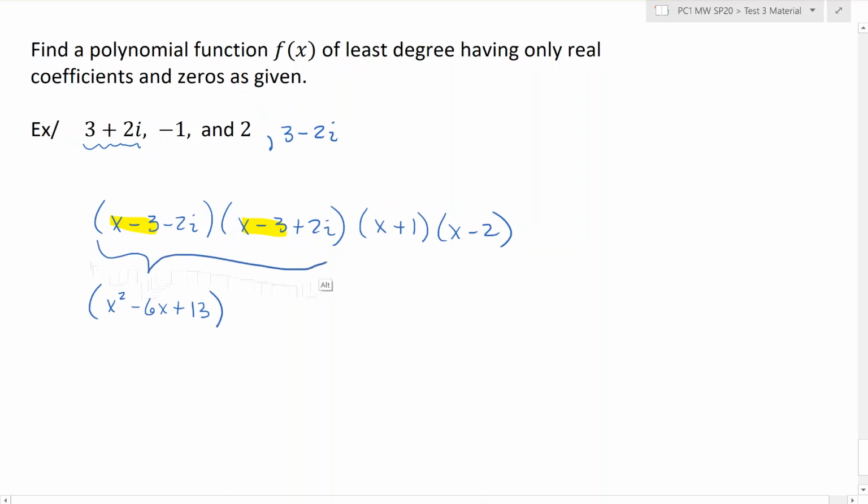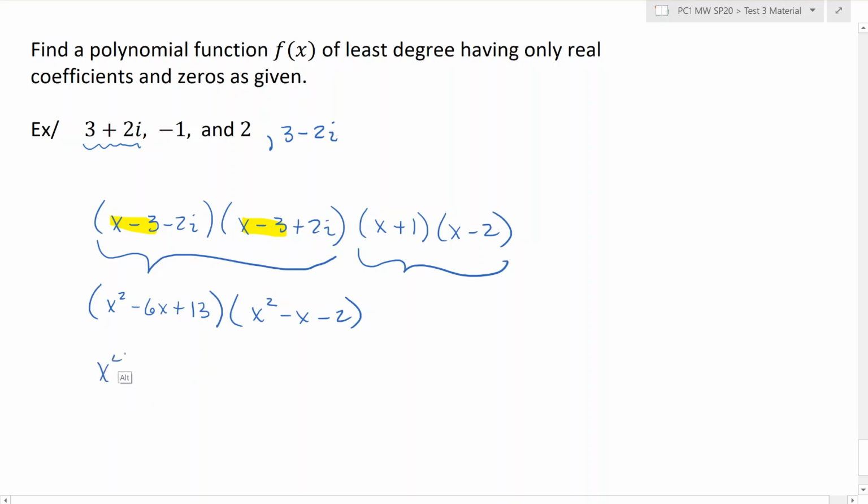Okay, so that's all of this multiplied together. And then I'm going to take this and multiply that together. I get x squared minus x minus 2. Now we just have these two polynomials to put together, to multiply together and collect like terms.